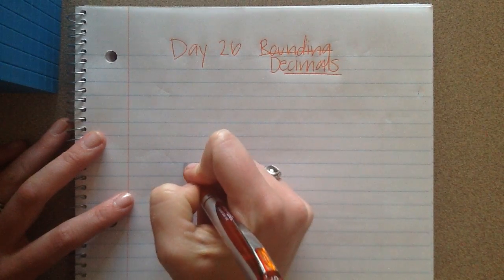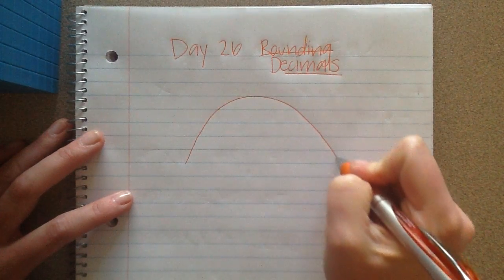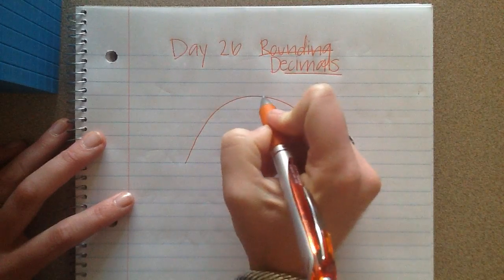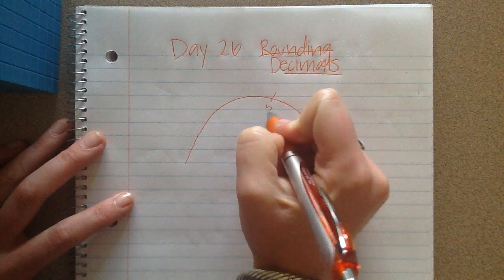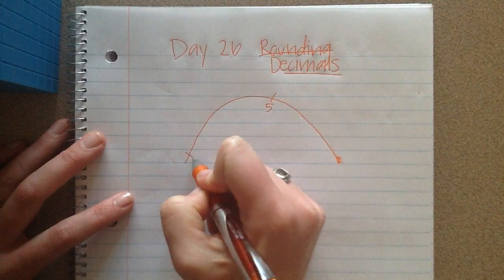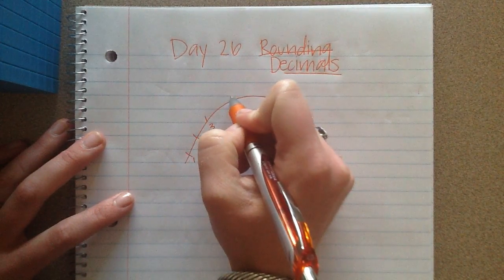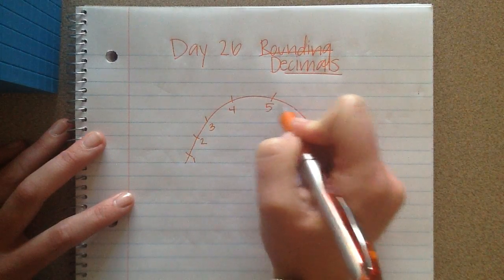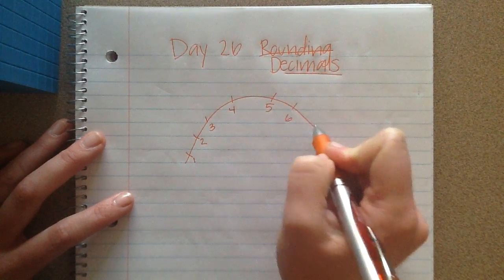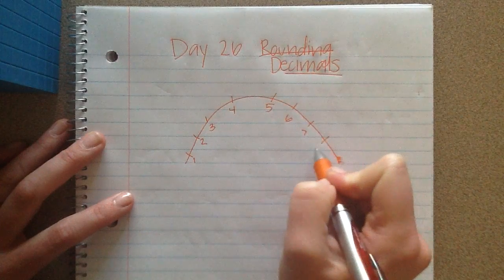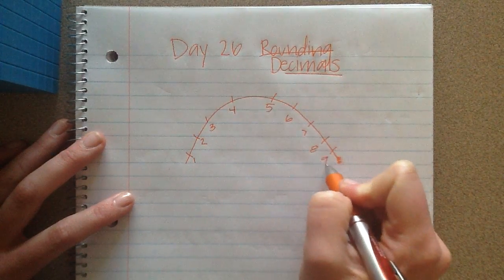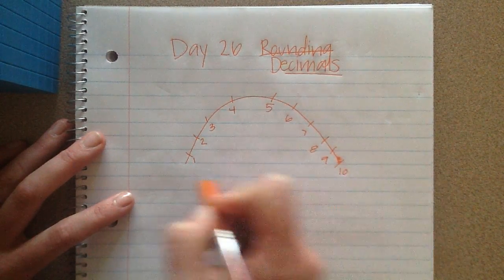So I'm sure some of your other teachers have shown you it's kind of like a math mountain where 5 is over here, 1, 2, 3, 4, 5, 6, 7, 8, 9, and 10.